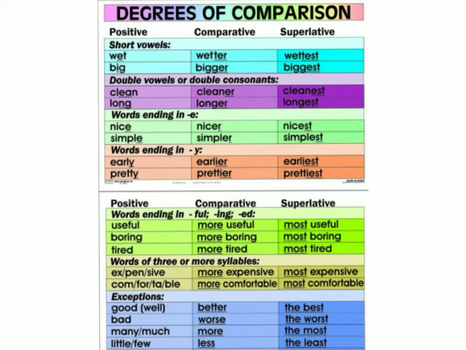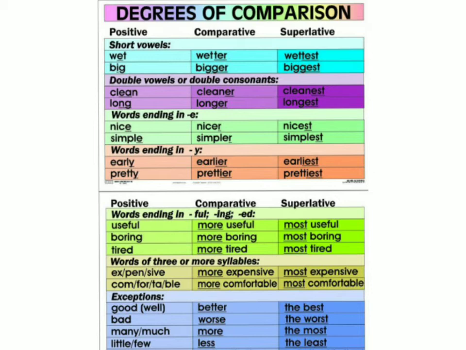Then another condition, words ending in e. So if in positive degree the adjective ends with the letter e, we have to use r in comparative and st in superlative degree, like nice, nicer, nicest.